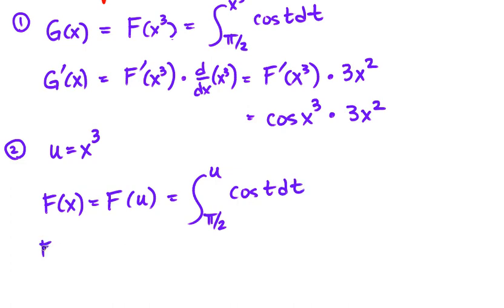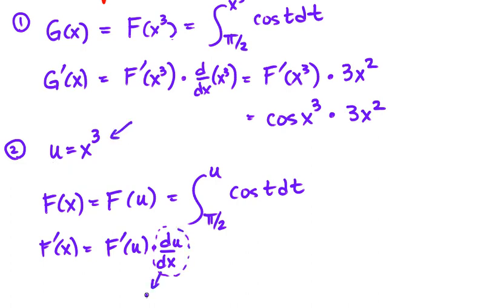But when you take the derivative of your f of x function, you're really taking the derivative of u times the derivative with respect to x of u. And the only way to calculate this little piece, that's u prime, is to find out what the derivative of this one is. So you're going to have to take the derivative with respect to x of this one. And if you take the derivative, you get du dx, or u prime, is equal to 3x squared.